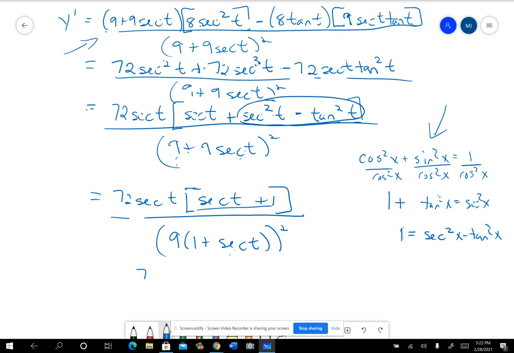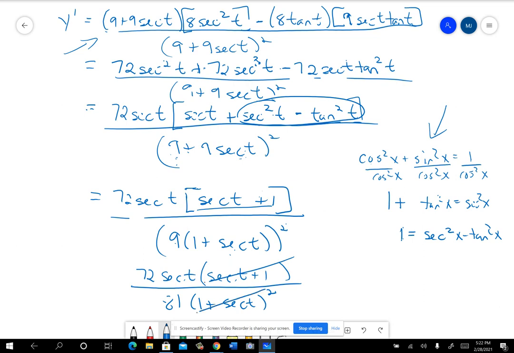So on top, I have 72 secant t times this secant t plus 1. On the bottom, I really have 9 squared, which is 81 times 1 plus secant t to the second power. So one of those can go, and I would just have 1 left. Okay, I shouldn't have put the x there.